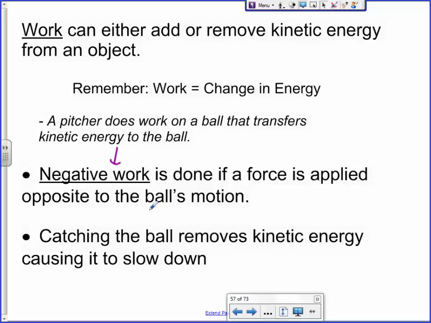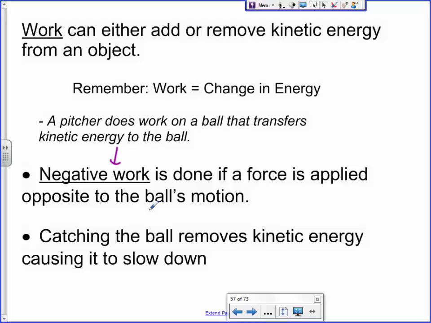Sounds weird, but if I asked you to do negative work in class, how do you do negative work? That'd be like really goofing off in class, right? But from the physics perspective, negative work is where you apply a force in the opposite direction of the ball's motion. Imagine that there's a train coming towards me, is a bad example, and I try to push on the train this way, and I'm Superman, so I won't die.